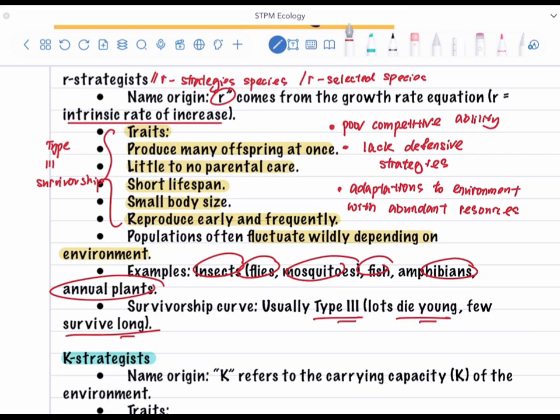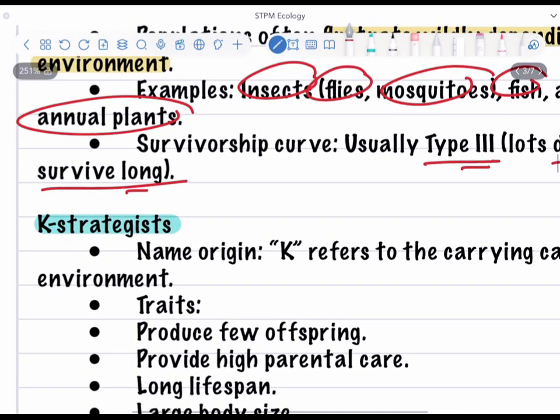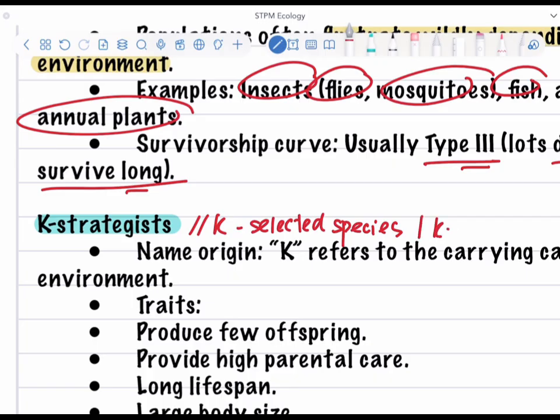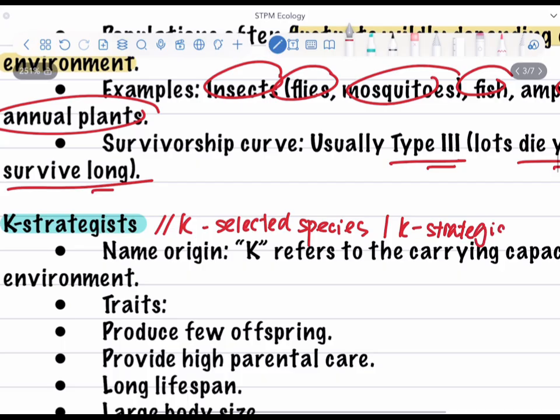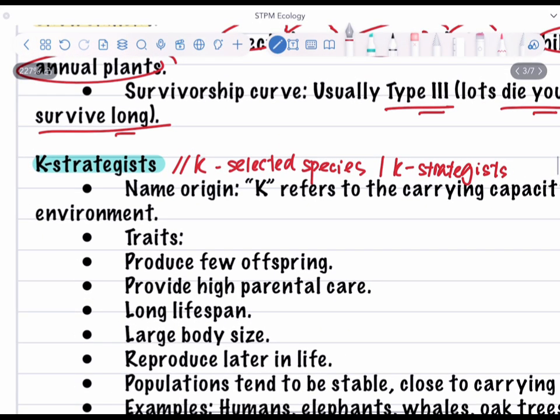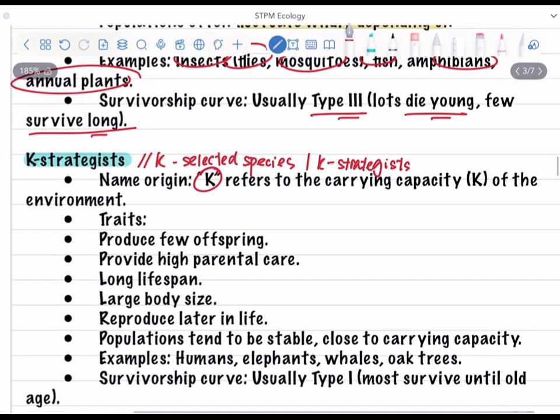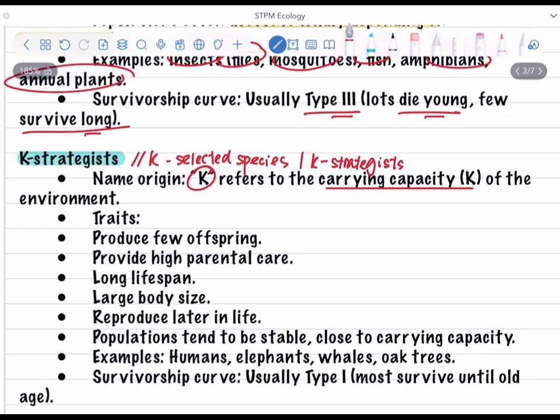It can also have several names such as K selected species, and K strategies. The name's origin is because this K usually refers to the carrying capacity of the environment, and I will introduce what carrying capacity is after that.